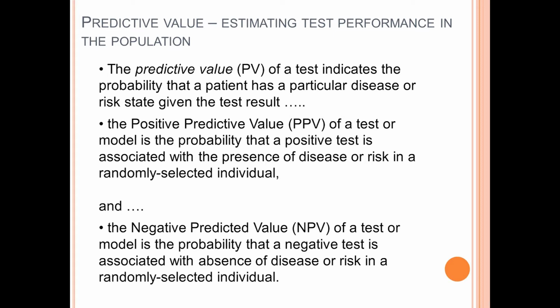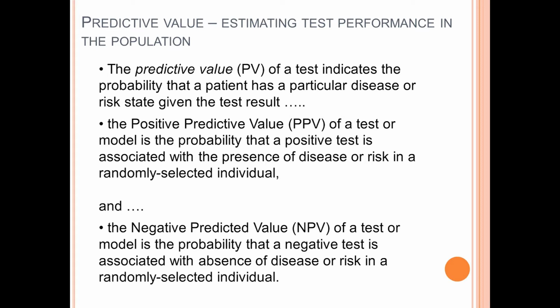But you can consider test or model performance from the patient perspective by considering the predictive value. So predictive value asks the question, given a particular test result, what is the probability that this patient actually has disease or is at risk for a particular event?